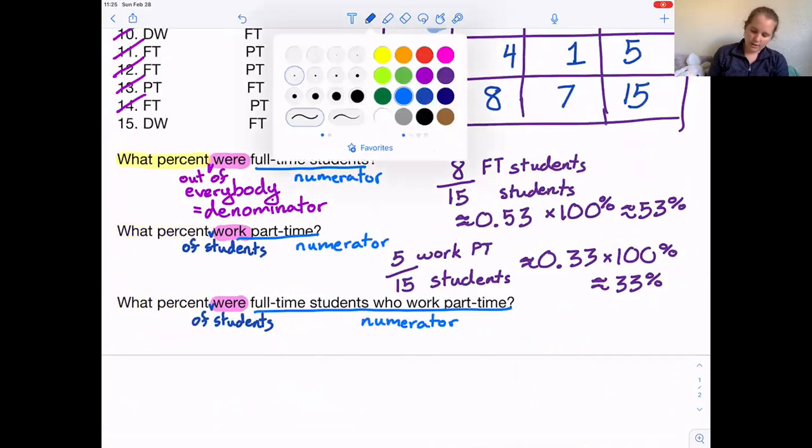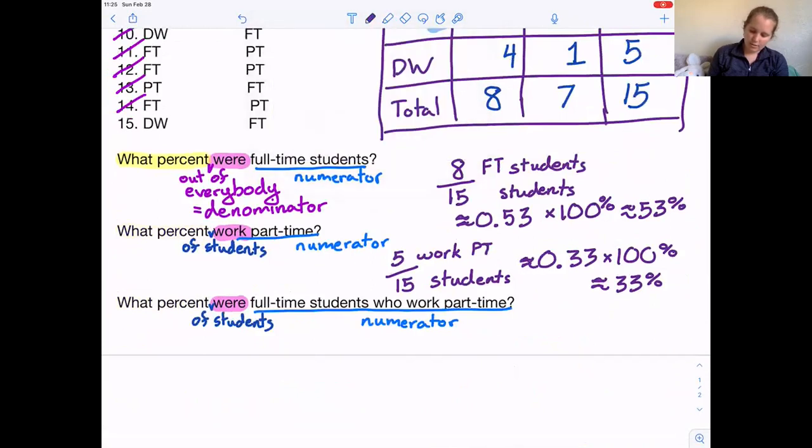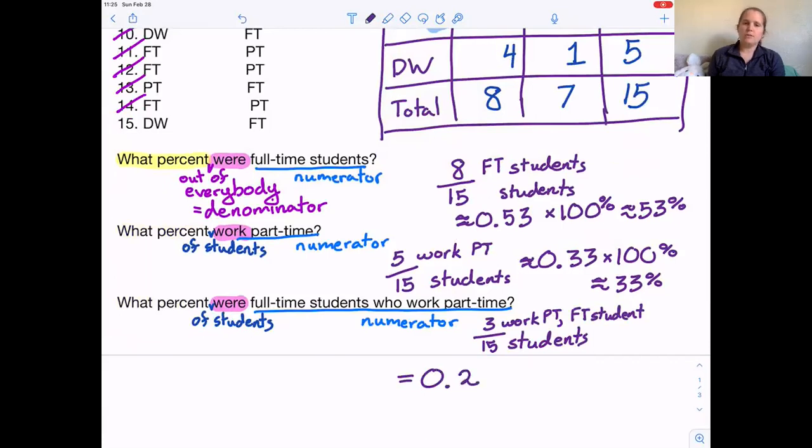So we are looking at 3 who work part-time, full-time student, out of the 15 students. This is 0.2 or 0.20. Convert that to percent, we multiply by 100%, and we wind up with 20%.